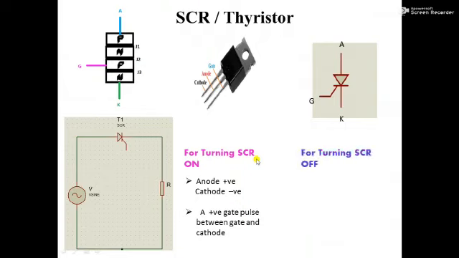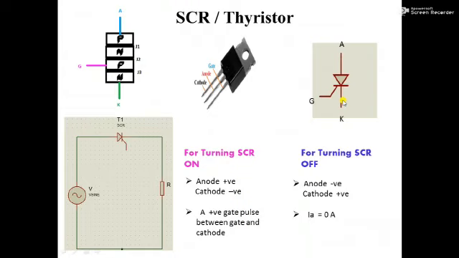For turning the SCR off, the reverse of this will be applied, that is the cathode will be made positive and the anode will be made negative. That will happen during the negative half cycle of the supply. And second, the current flowing through the thyristor is called the anode current, represented as IA. You see at the symbol, it flows from anode into cathode.